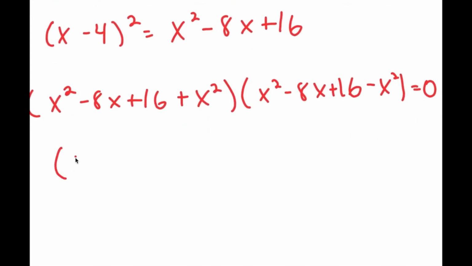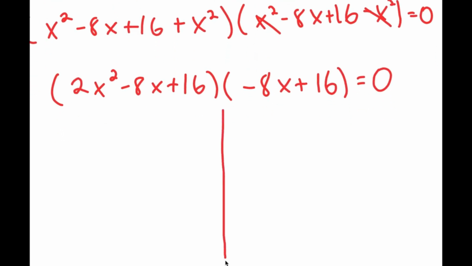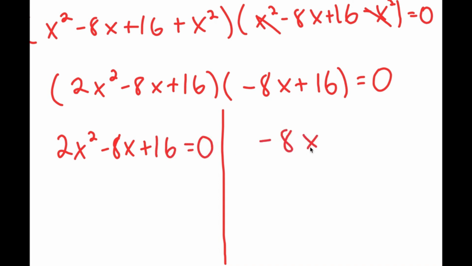Now x^2 plus x^2 is 2x^2. So I get (2x^2 − 8x + 16)(−8x + 16) = 0, since these two cancel out. And now I get two equations: 2x^2 − 8x + 16 = 0, and −8x + 16 = 0.